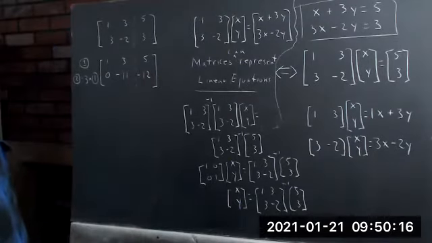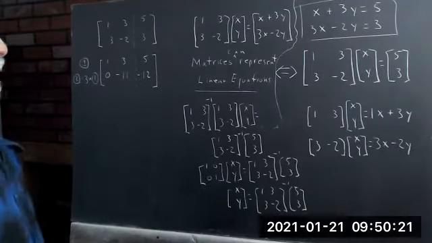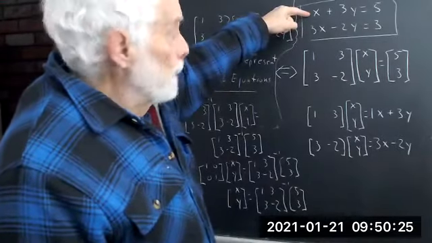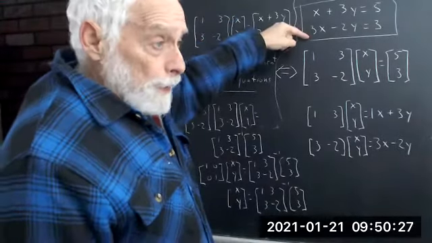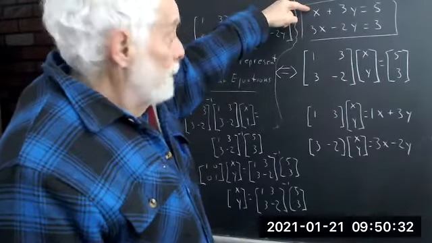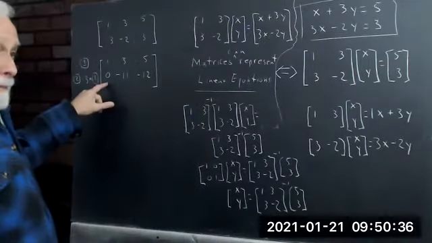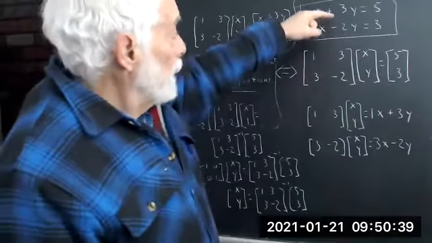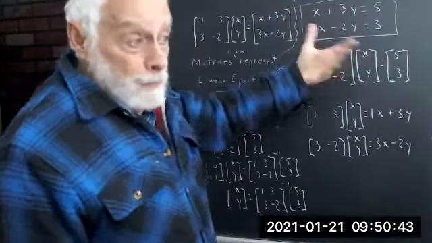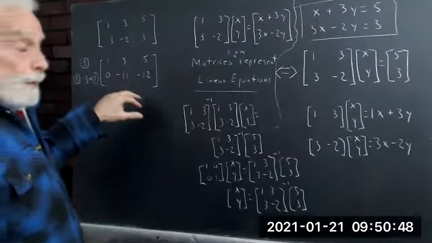Now, this is totally equivalent to what I get if I multiply the first row here by -3 and add to the second row. And I'm going to get -3x, which added to 3x gives me 0. And I'm going to get -9y added to -2y is going to give me -11y. And that's represented here.